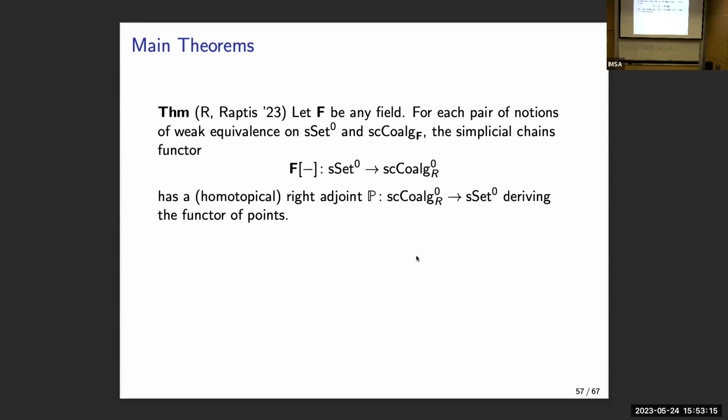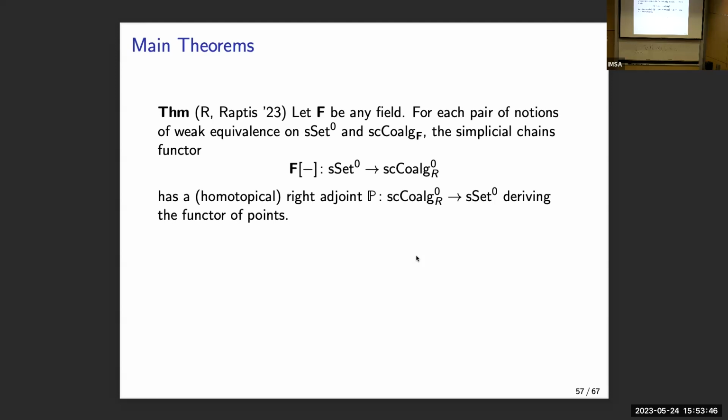So the interesting statement here is when F is F_p. For each pair of notions of weak equivalence on simplicial sets and simplicial cocommutative coalgebras, the simplicial chains functor, this is also an F, I'm sorry, that's a typo, has a homotopical right adjoint P, deriving the functor of points. That's the first thing.